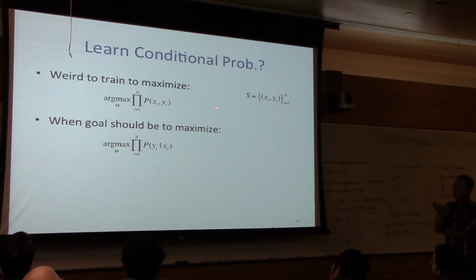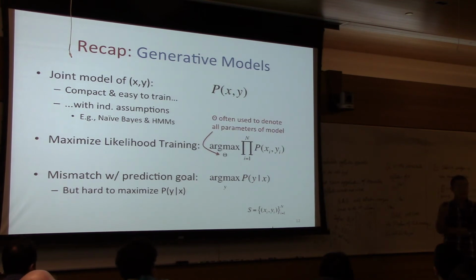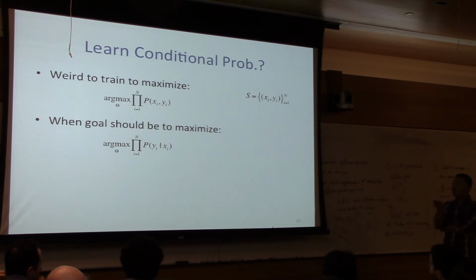So it's weird, in some sense, if your goal is this, which is the only thing you can ever use your model for, given an input sequence, predict an output sequence. It's weird to define a model this way in order to train it like this, when intuitively, we should be training a model that maximizes this goal, right? We should maximize the conditional likelihoods of our training set, conditioned on the X's in our training set.